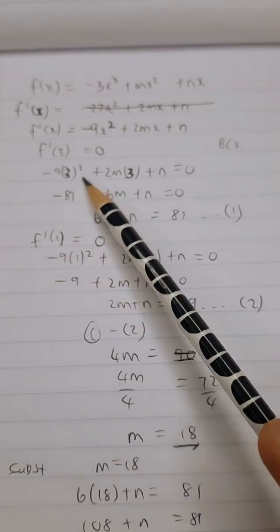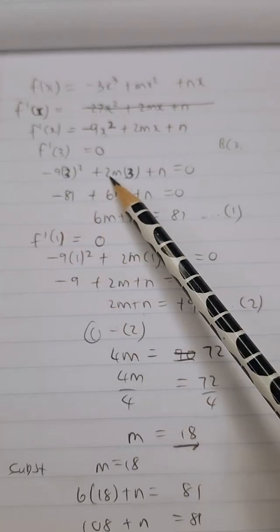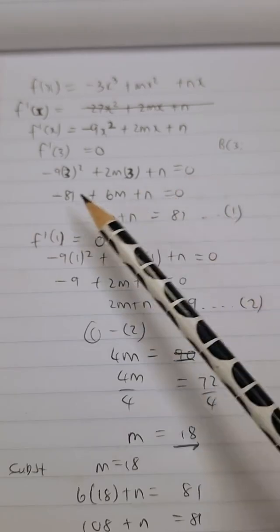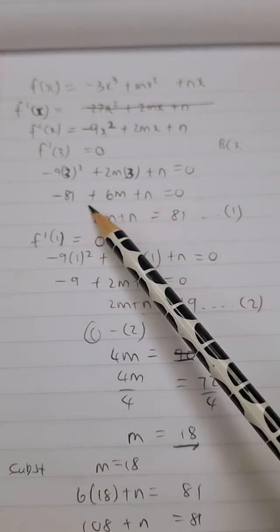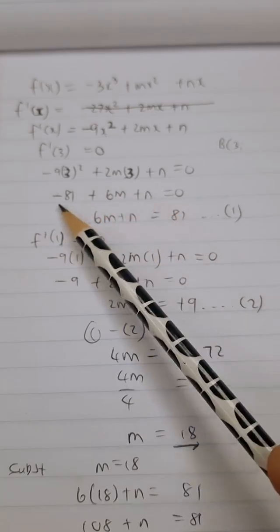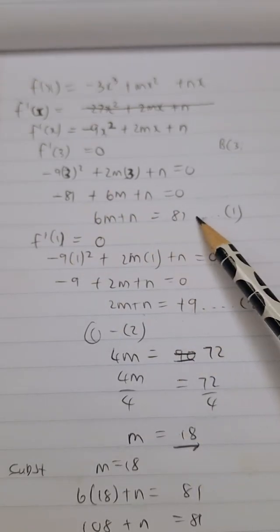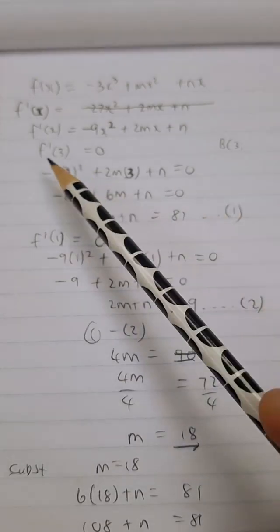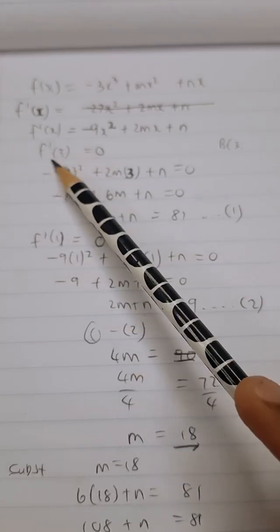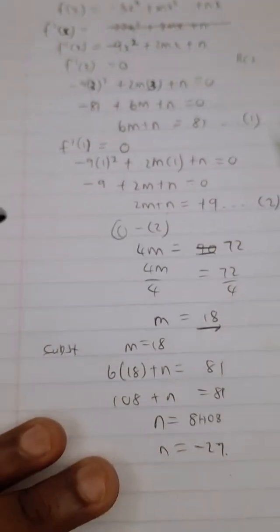Negative 9 times 3 squared got us negative 81, plus 2m times 3 got us 6m, plus n, which is equal to 0. We then wrote our simplified equation, 6m plus n, transposing the negative 81, and we got equation 1 from substituting the x coordinate of the stationary point after deriving and equating to 0.